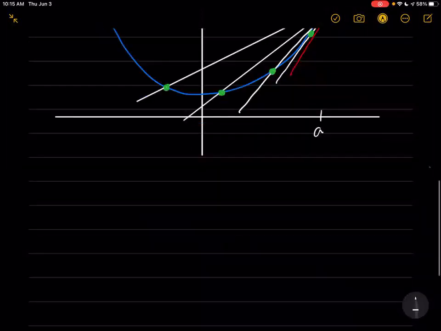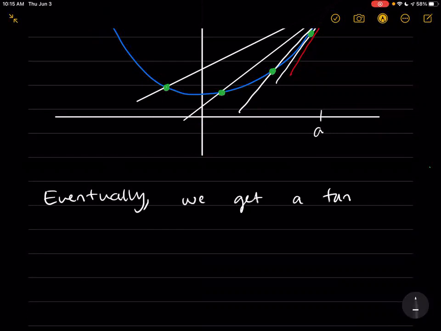So eventually, we get a tangent line of our function f of x at x equals a.